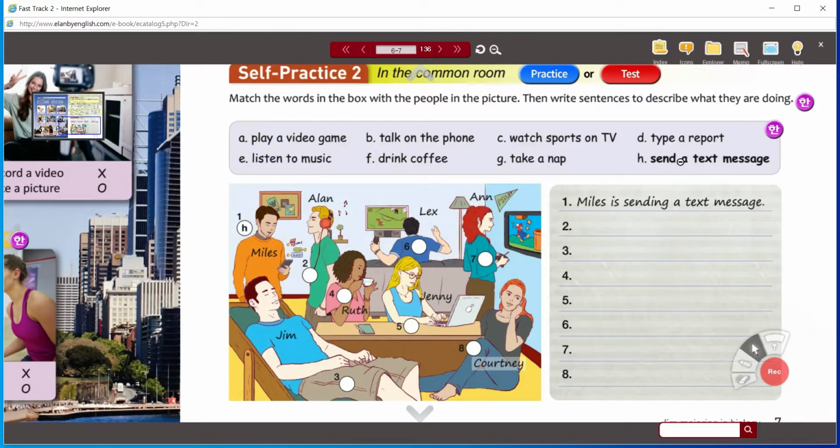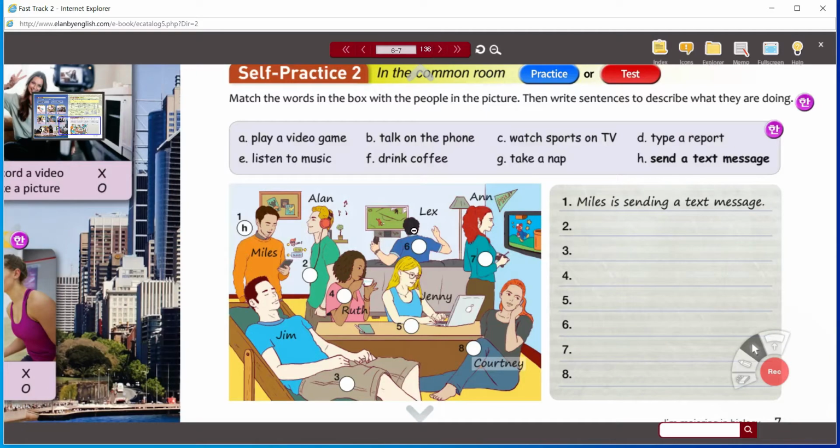Okay? Now the last one, send a text message, the person doing that is number 1. You can see Miles here, number 1. We've written the letter H. So the first thing you're going to do is match these verbs with these people. You can write the letters in these white dots here. Okay.